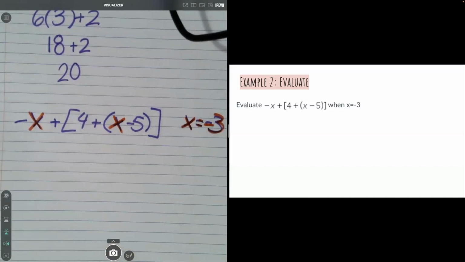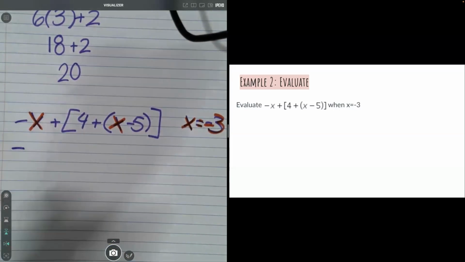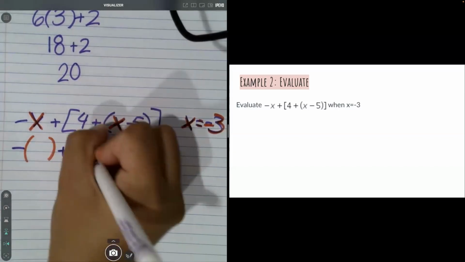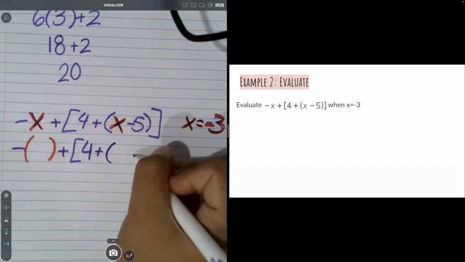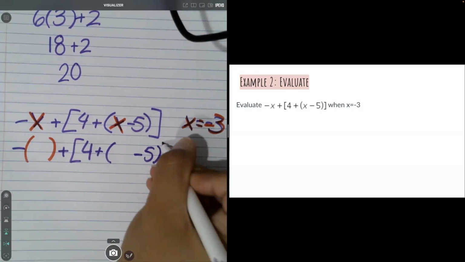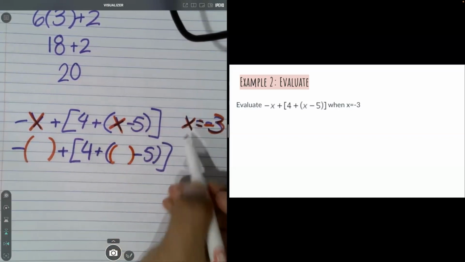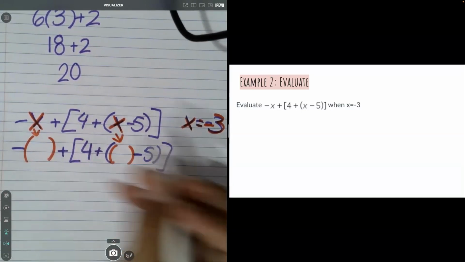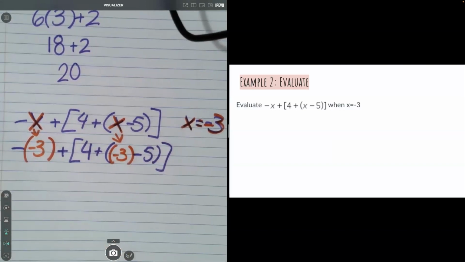Okay. So I know that this is all the same. I have negative, and I'm going to plug in here whatever x is equal to. And then I'm going to add the 4 plus blank minus 5. This here is going to be another instance where I put in whatever x is equal to, right? So here is where x goes, here's where another x goes, and both of those are negative 3. We're told they are equal to negative 3.